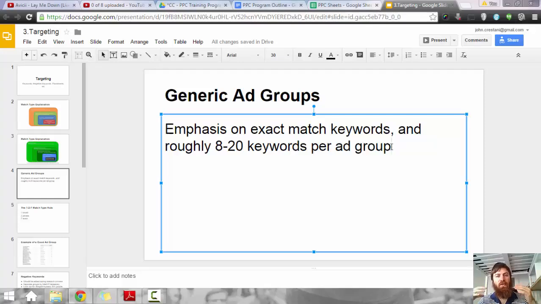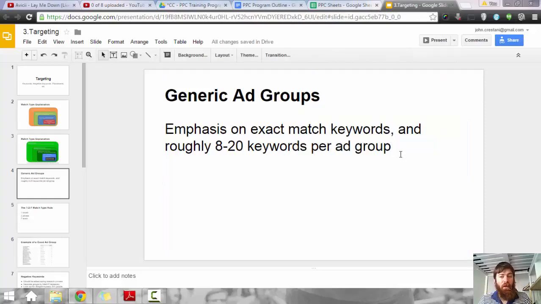If you're looking to double or 5x or 10x your business or more, you're going to have to do generic campaigns, competitor campaigns, and display campaigns. Get them to work. At the very least, get generic and competitor campaigns to work, or at the very least, one of them.